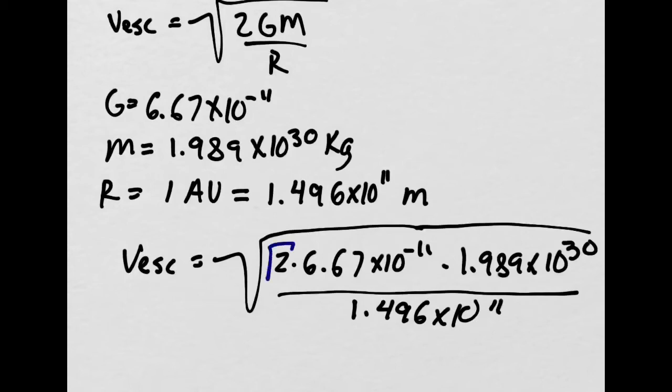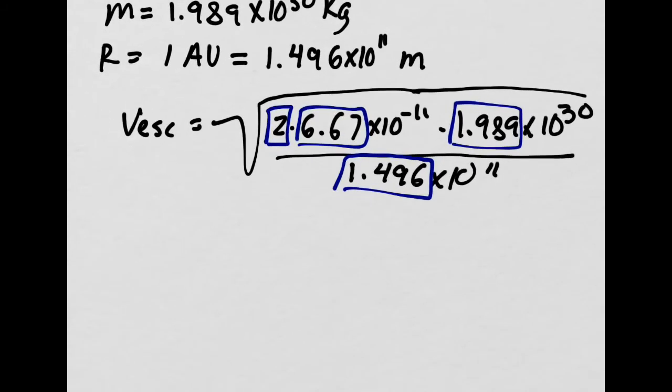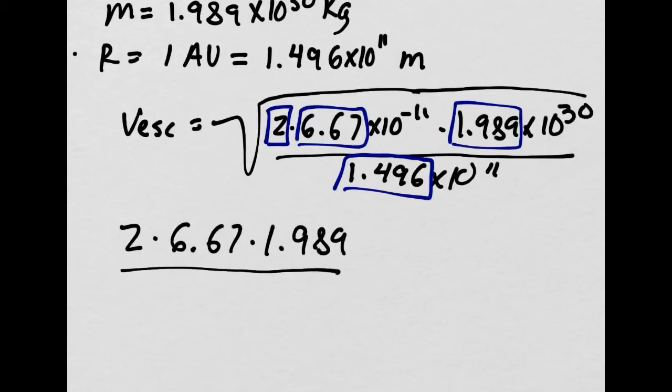Let's do our prefixes: 2, 6.67, 1.989, and 1.496. 2 times 6.67 times 1.989 divided by 1.496.